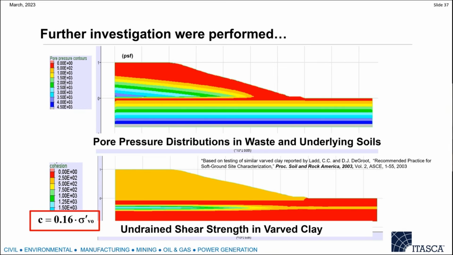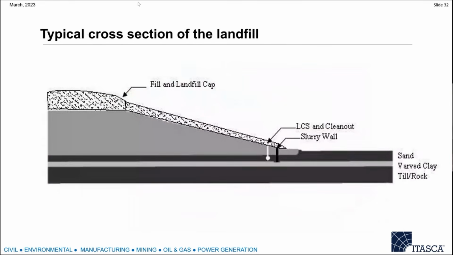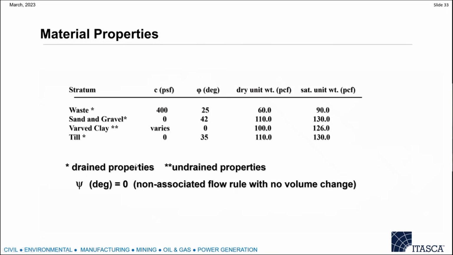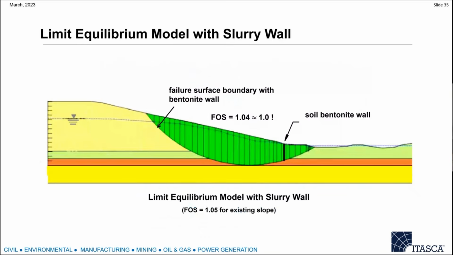So let's go back to the cross section. We can see that we have the clay layer and we have the sand layer here. Yeah. So the pore pressure distribution does not follow the static equilibrium distribution.